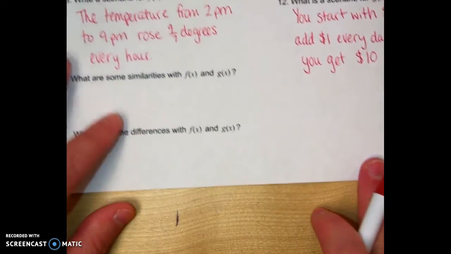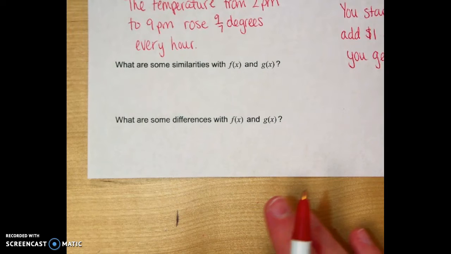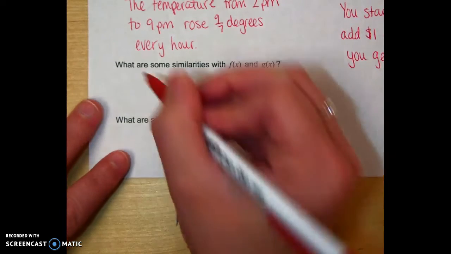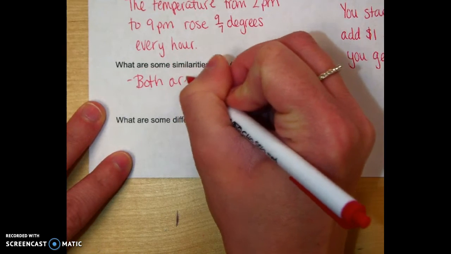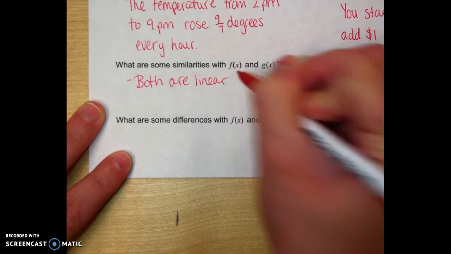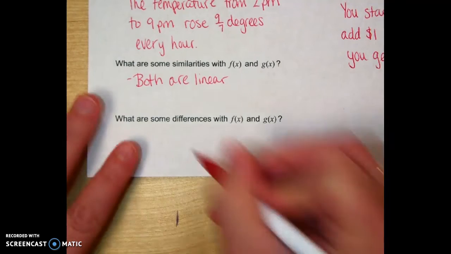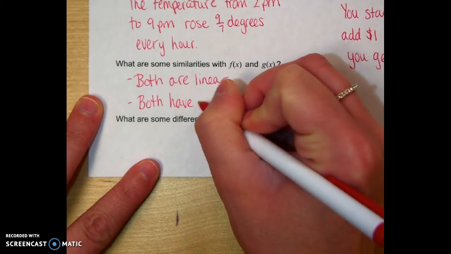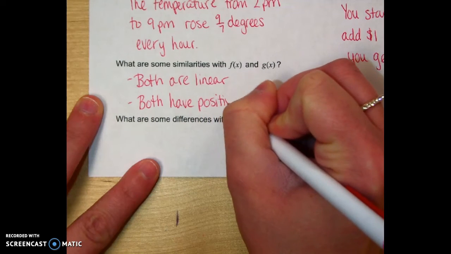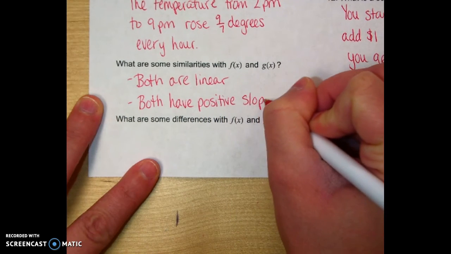Let's look down here. What are some similarities with f of x and g of x? Both are linear. And both have positive slopes.